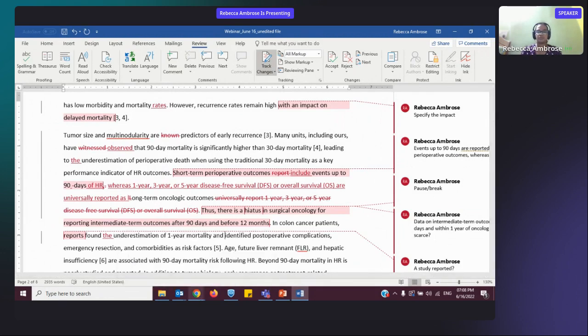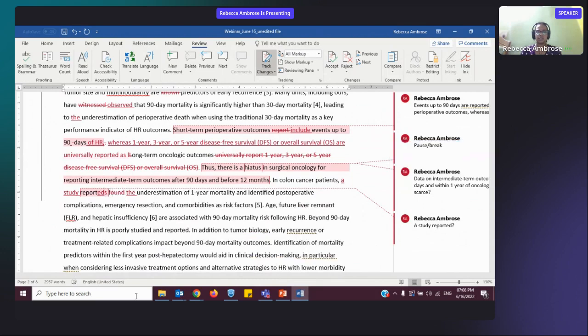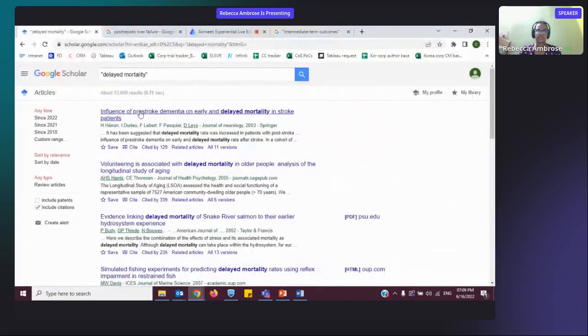I actually prefer this version: a study reported the underestimation of 1 year mortality and identified post-operative complications, emergency resection, and comorbidities as its risk factors. I assume the risk factors they're talking about is for the 1 year mortality. Age, future liver remnant. Again, this is a specific term.